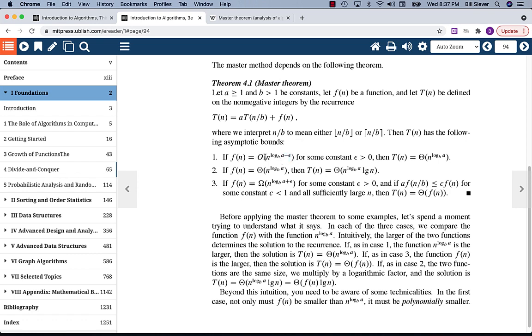A couple of times I referred to things as polynomially lower, and that's what this minus epsilon induces. I'm going to refer to this with the concept of less than. We'll focus on comparing the exponents. If the exponent on our polynomial bounding f(n) is less than our critical factor, then it's polynomially lower, and it meets this requirement of the Master Theorem.